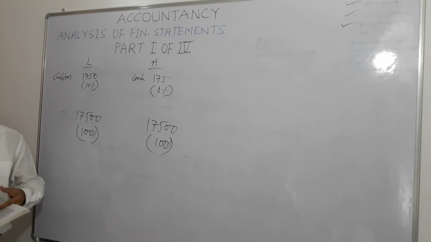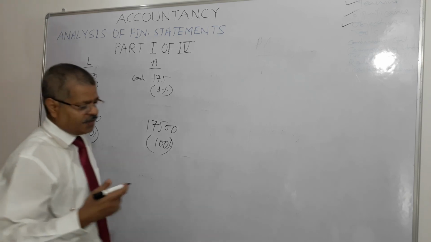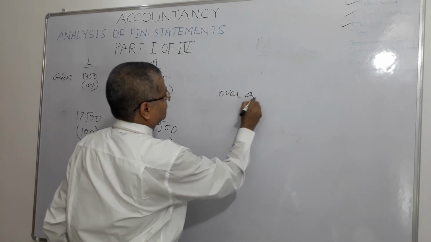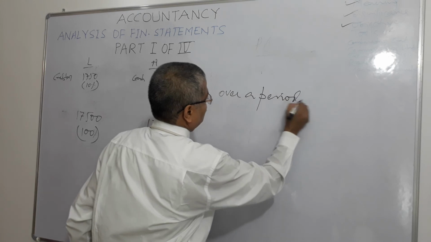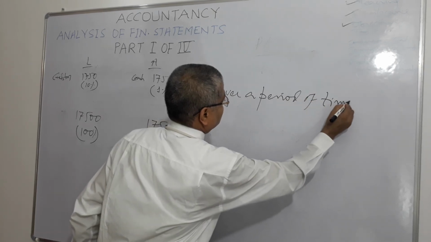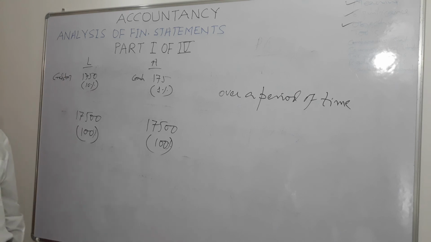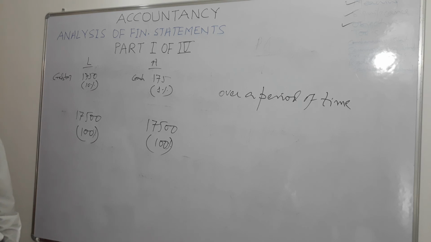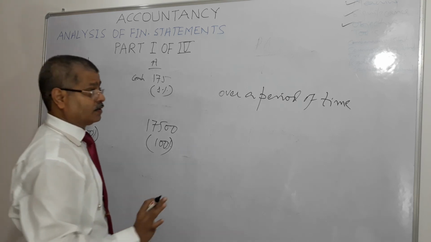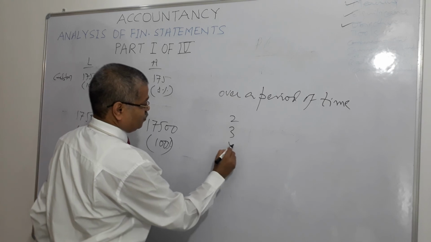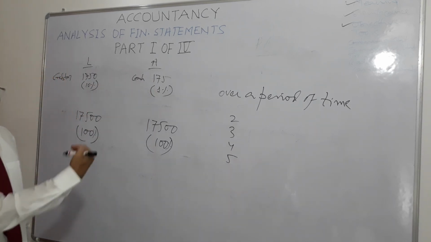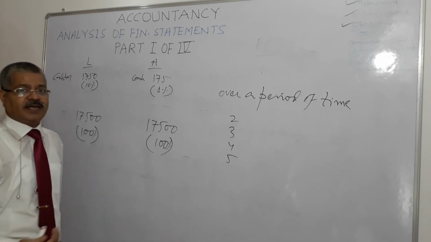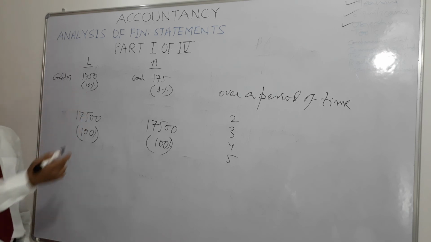Third we go to trend analysis. What is the trend analysis? It only shows what has happened over a period of time. Right? So for trend analysis, we need profit and loss statement and/or balance sheet for a number of years, at least more than 1 year. It could be 2 years, 3 years, 4 years, 5 years, to know the trend, how the various items of balance sheet or profit and loss have moved over a period of time.